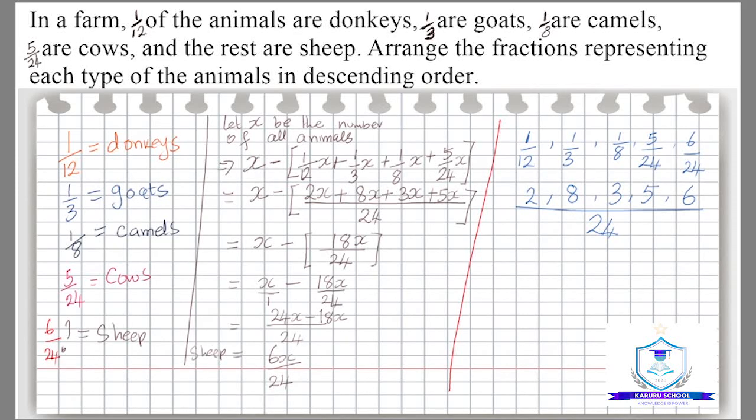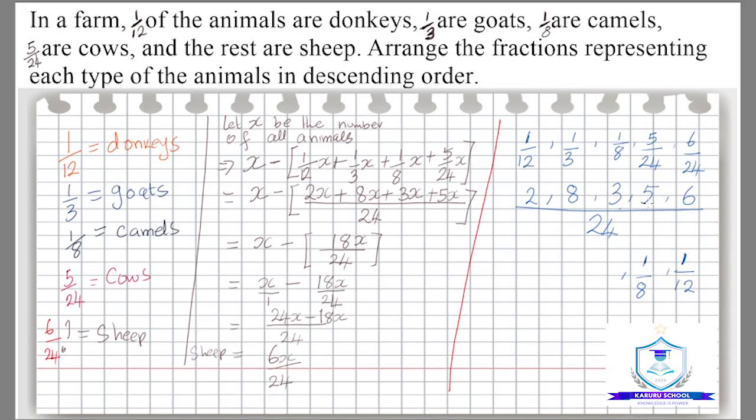So remember the arrangement of numbers on the number line. The least number here is 2, which is representing 1 over 12. Our least fraction is 1 over 12. And then the next smallest fraction is represented by the number 3. So 3 is representing an eighth, so we have 1 over 8 as the second least fraction. And then we check the number that follows.